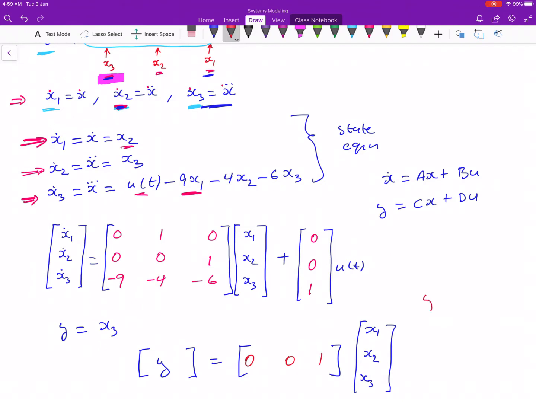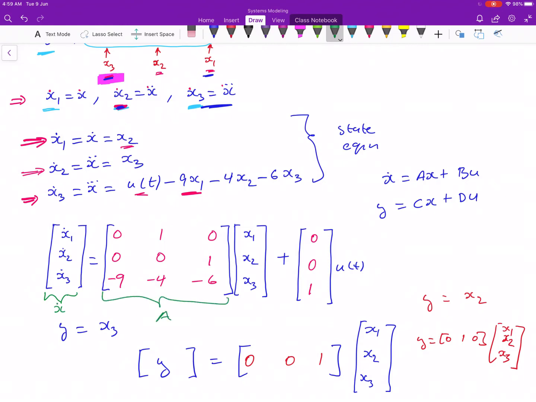If y was equal to x2, then y will be x1, x2, x3, so you will have 0, 1, and 0. Okay, so now this is in our standard form, because what we have is our x dot here.